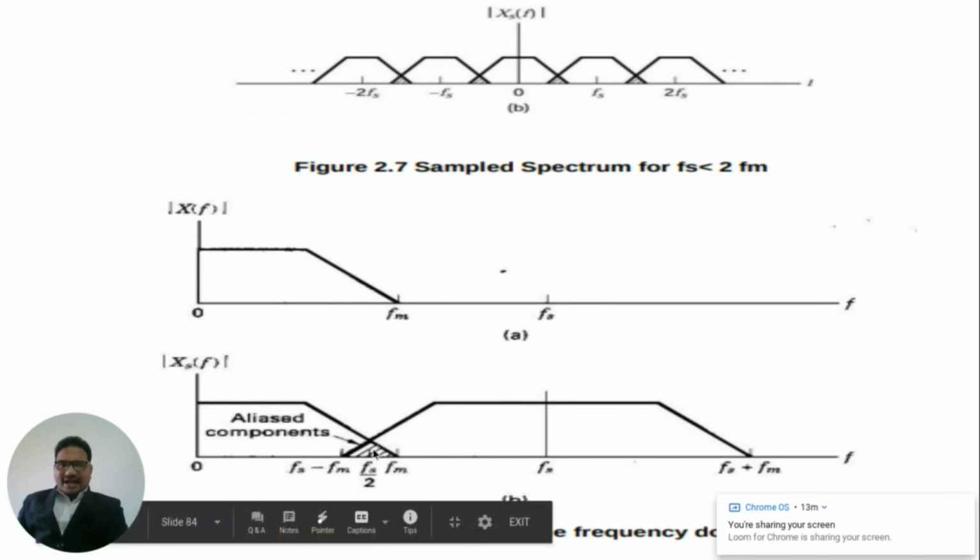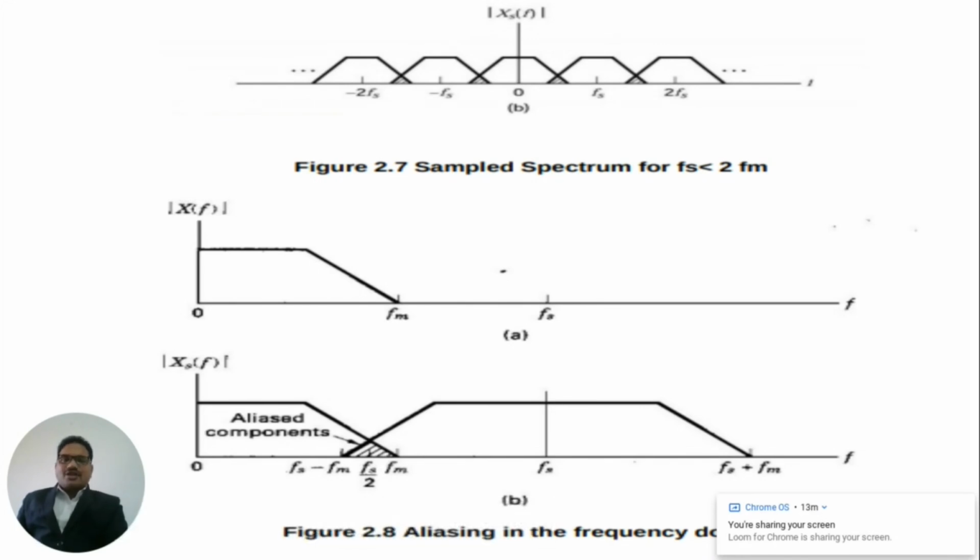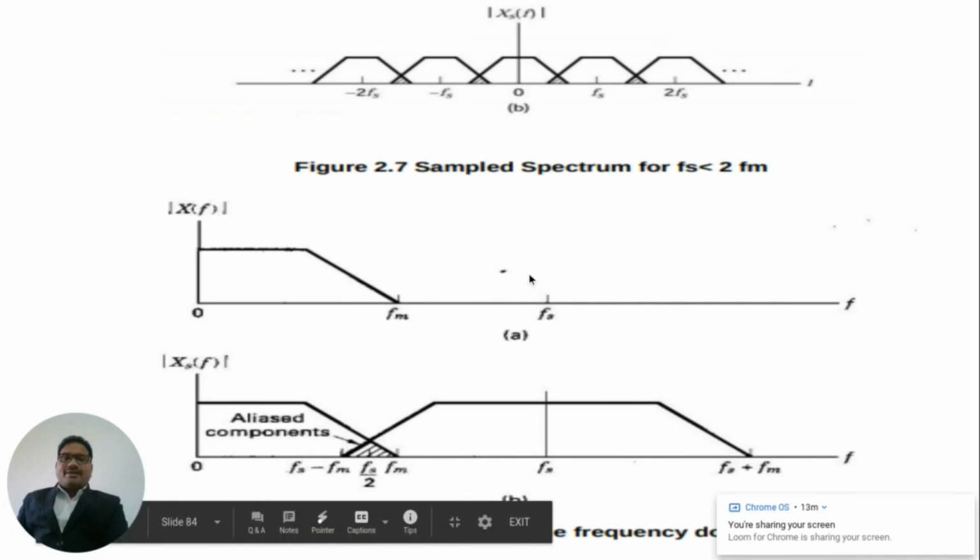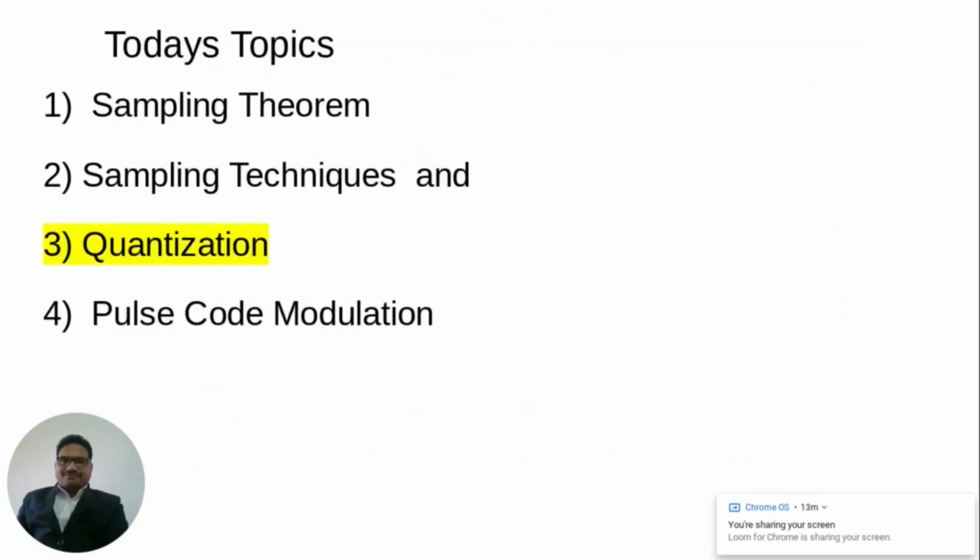The high frequency component has taken over the low frequency component, due to which the information has been lost, or is in an ambiguous state. That's why the Nyquist criteria is very important: the sampling frequency should be greater than or equal to twice of fm.